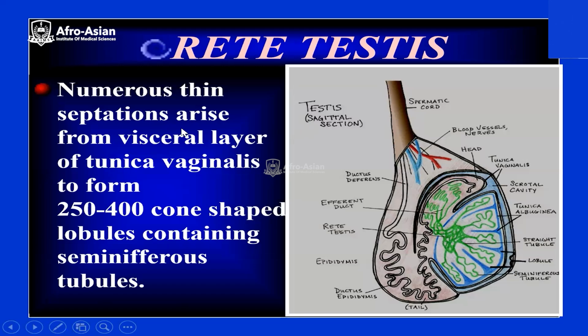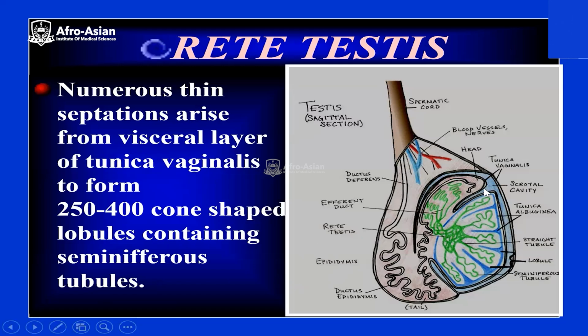Numerous thin septations arise from visceral layer of tunica vaginalis to form 250 to 400 cone-shaped lobules containing seminiferous tubules.